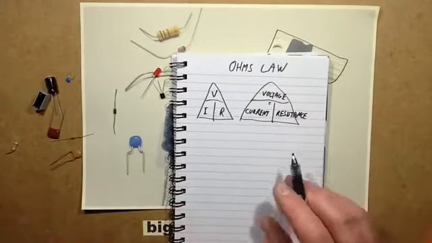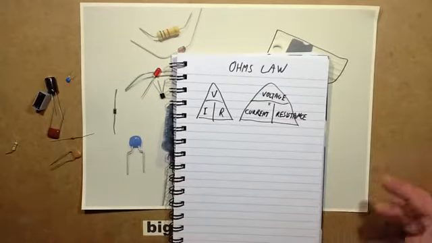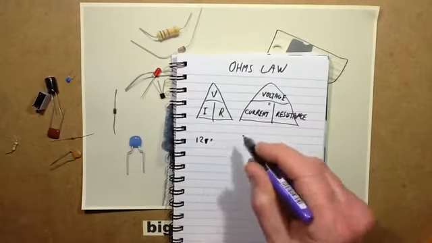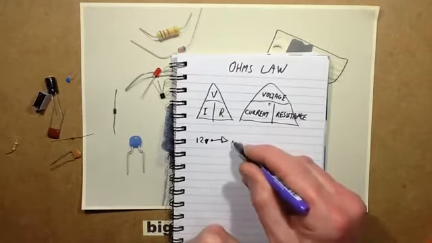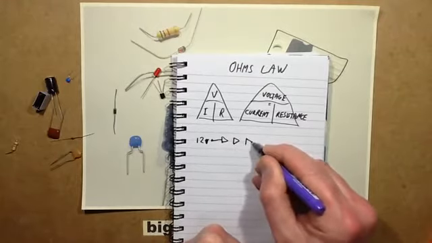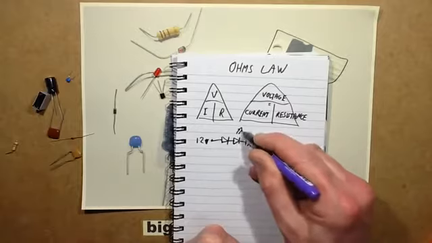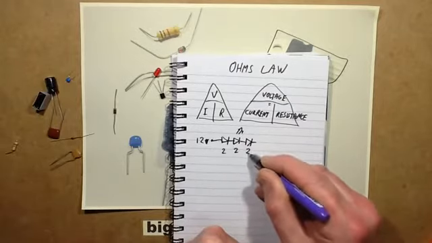And an application of this would be, supposing you had a 12 volt supply and you had 3 LEDs. So there's the 3 LEDs, and each one is dropping about 2 volts.